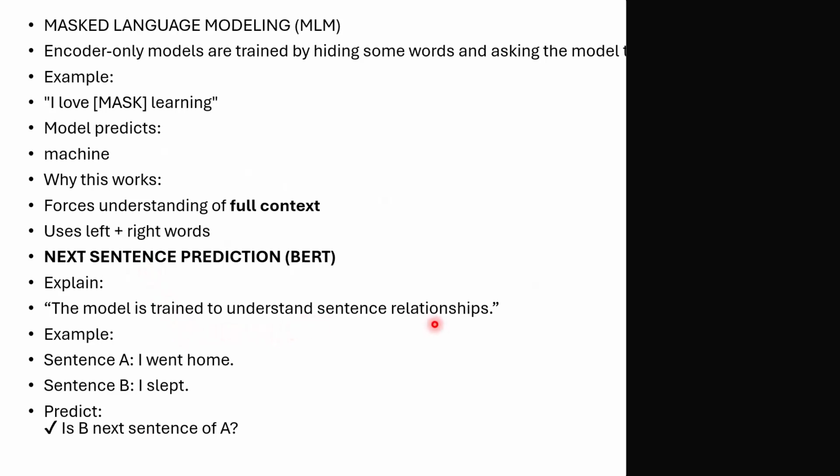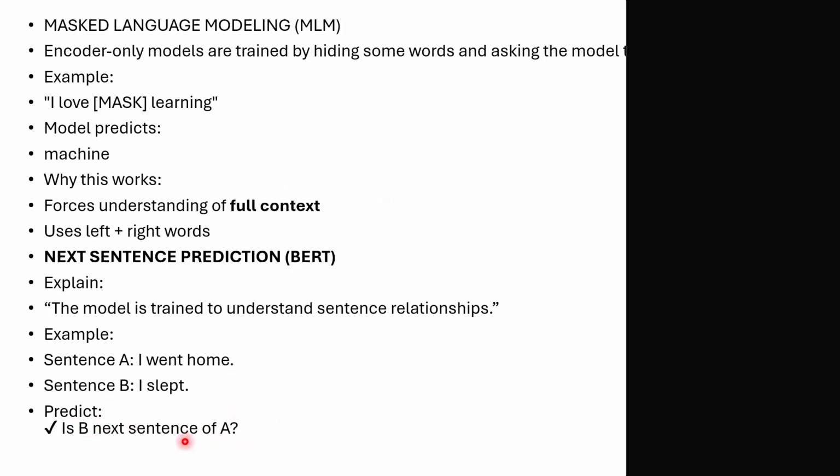To understand those relations, next sentence prediction is used. For example, take sentence A as "I went home." Then there is sentence B. The prediction is whether B is the next sentence after A.